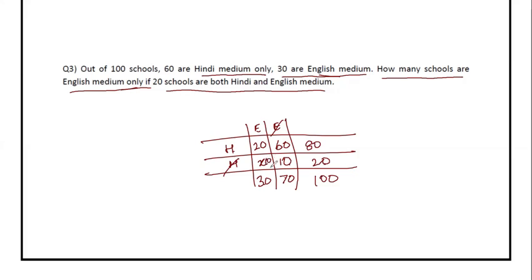And tally again, make sure everything works out. So your answer is 10 out here. How many schools are English medium only? 10. So I'm going to solve these questions using Venn diagrams, the idea being to understand grid methods.